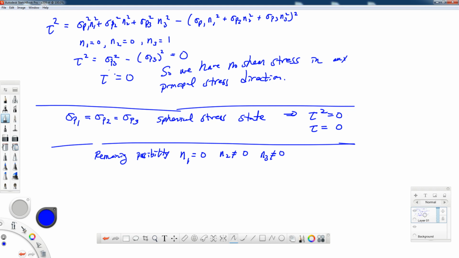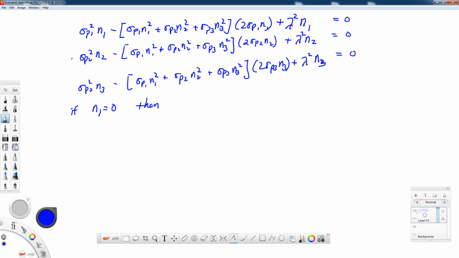Let's make a little room. If n1 is equal to 0, the top equation will be equal to 0 right away. If n2 and n3 are not equal to 0, but n1 is equal to 0, we reduce the second two equations a little bit, and we get an equation that looks like this. I'm going to write it with the n out in front: n2 sigma P2 squared minus the quantity... okay, n1 is 0.